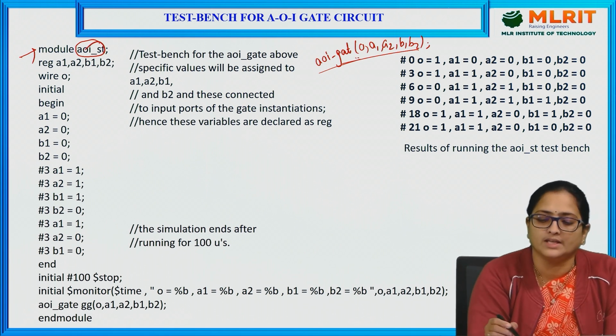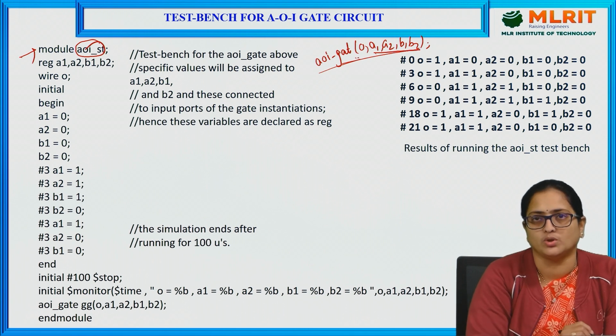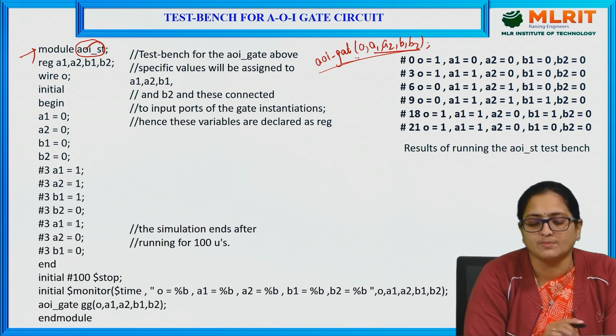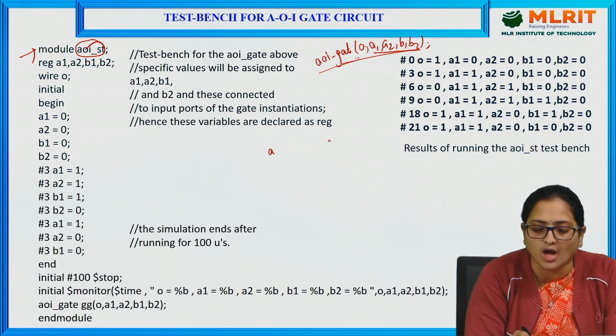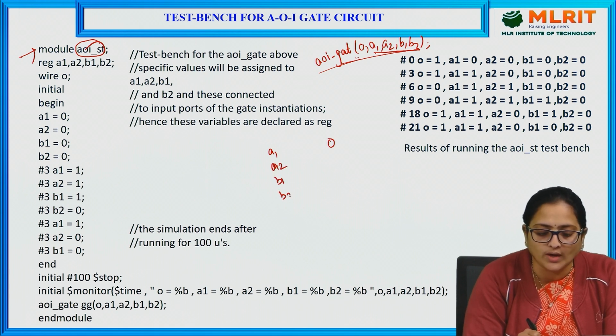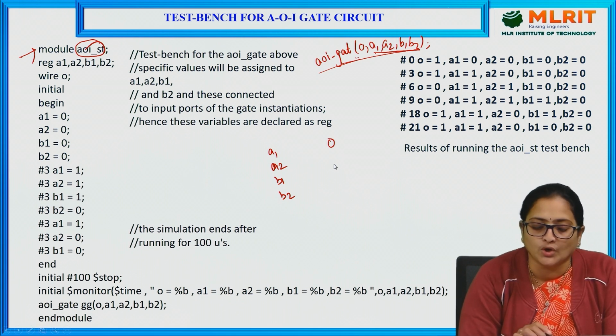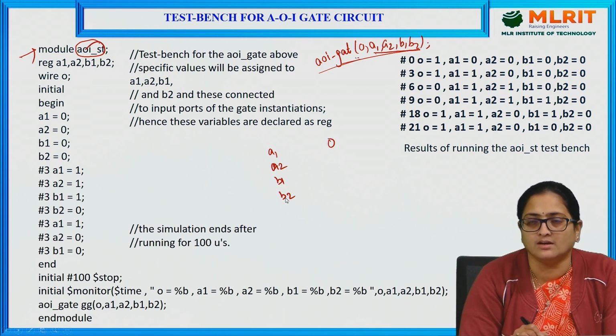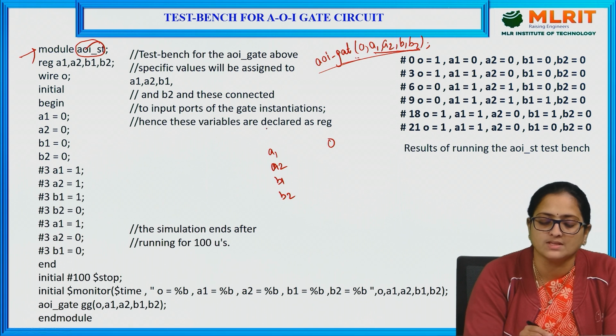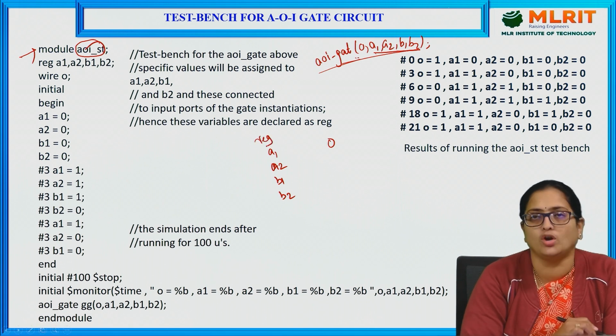Now the inputs here are A1, A2, B1, B2. Here we are writing a test bench code to verify your output with your inputs. So you need to assign some values to the inputs so that you can check the output. To assign values, the variables have to be declared with the keyword reg.